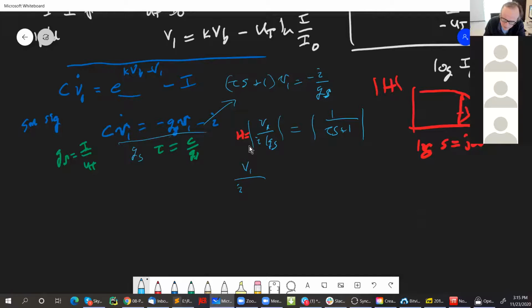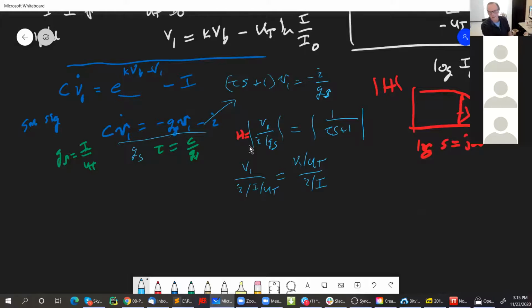I'm getting a bit mixed up here. Now I'm getting confused. It must be dimensionless. It must be V1 over UT divided by little I over the big I. So this kind of makes sense. Now it's a dimensionless gain.